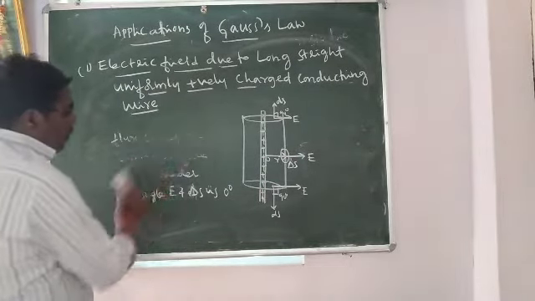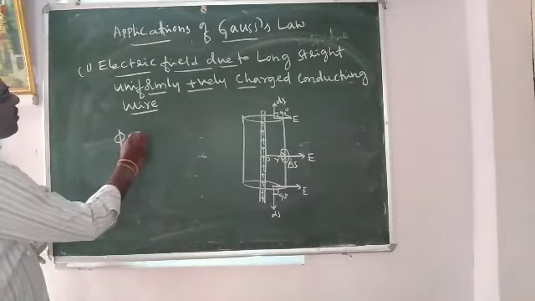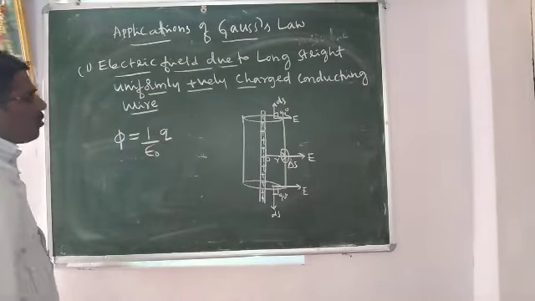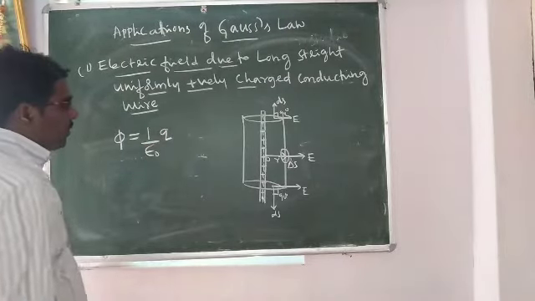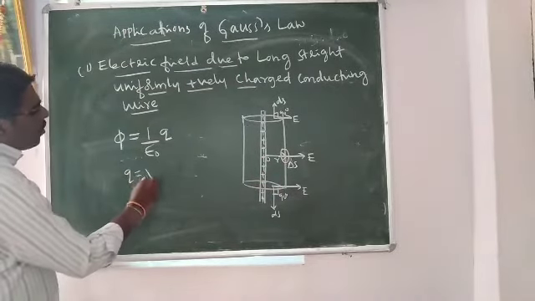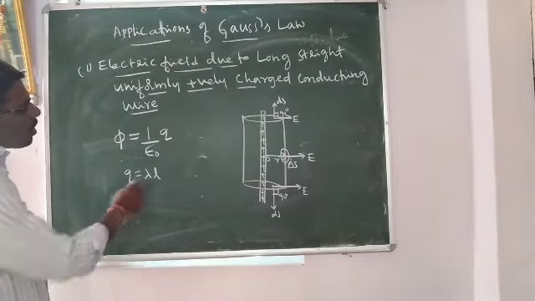According to the definition of Gauss law, flux through the closed surface is equal to 1 by epsilon naught times total charge enclosed by the closed surface. What is the charge enclosed by this closed surface? It is equal to lambda into L. According to linear charge density, lambda is equal to charge by length.